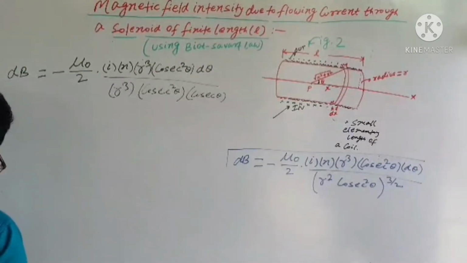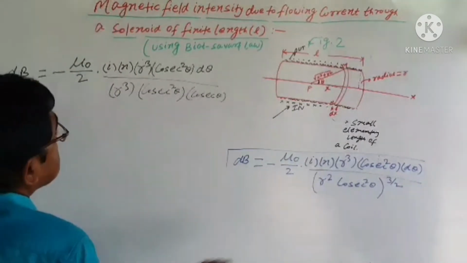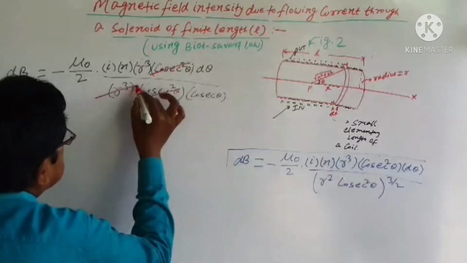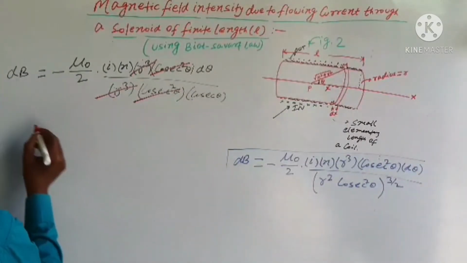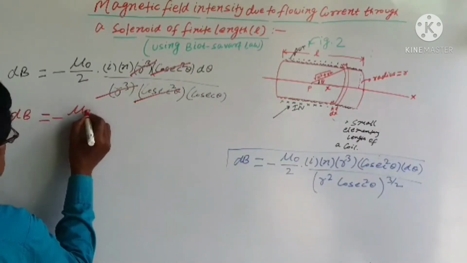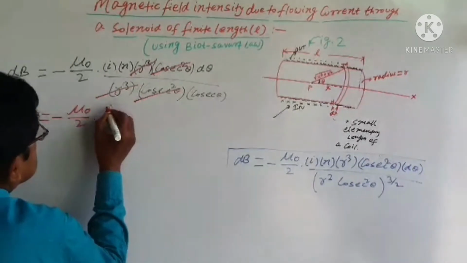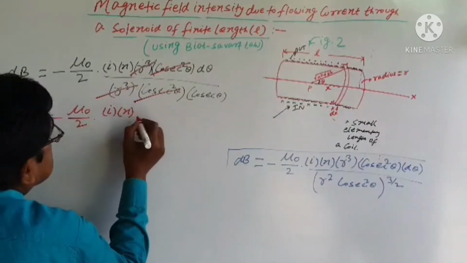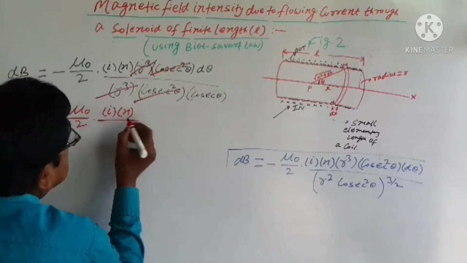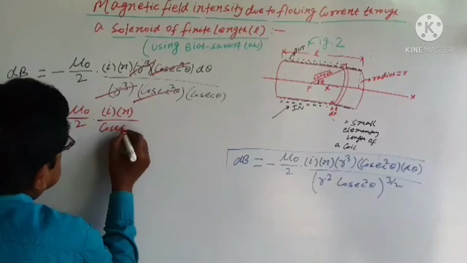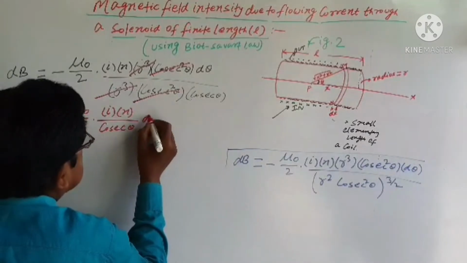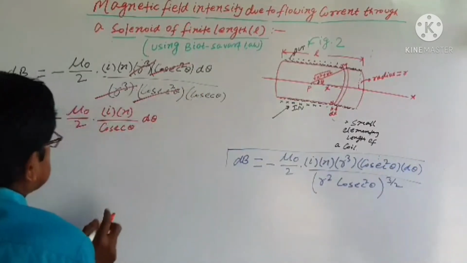Now, what we observe is that cosec square theta and this cosec square theta is cancelled out, r cube and r cube is cancelled out. So, we may write it further: dB is equal to minus mu naught over 2, this is I n, this is 1 upon cosec theta, I this, n this, and d theta.